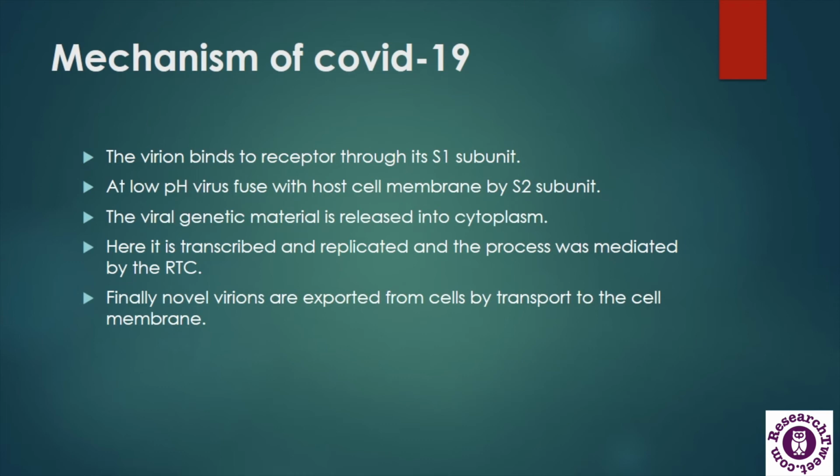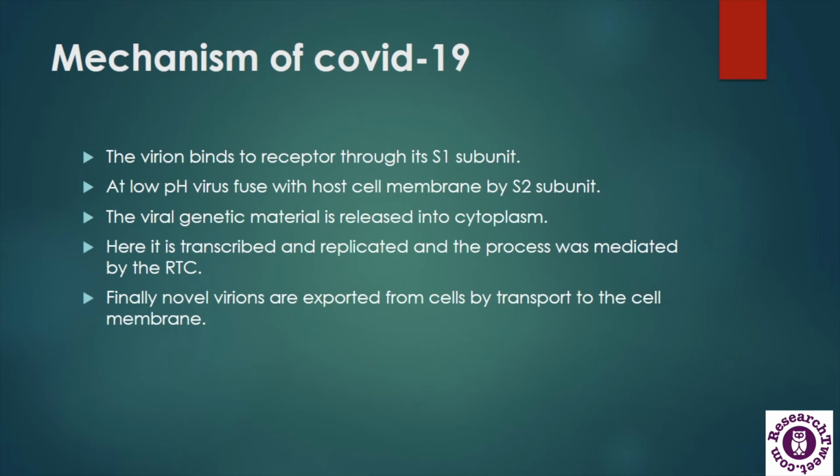Now the virions bind to the receptor through the S1 subunit. As we have discussed, the spike proteins of the virus help to attach the virus to the host cell, and the host cell has receptor proteins in its cell membrane. The spike proteins have two subunits, named S1 and S2.